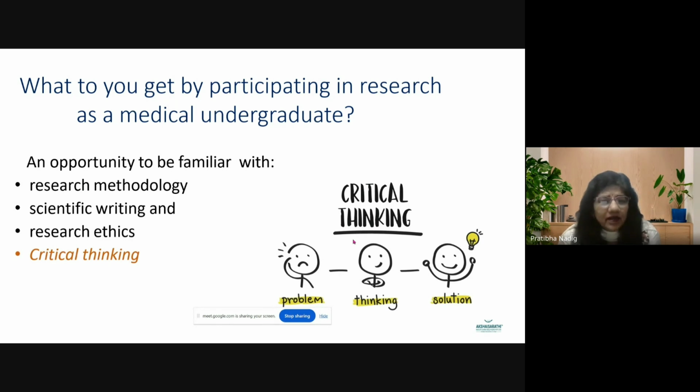So all this is part of scientific writing. Then we will learn about research ethics, because this is something we wouldn't have been exposed to. So we will learn the softer aspects of research, where we need to be very gentle and respectful with the patients. These kind of soft skills are also learned as a part of the research.